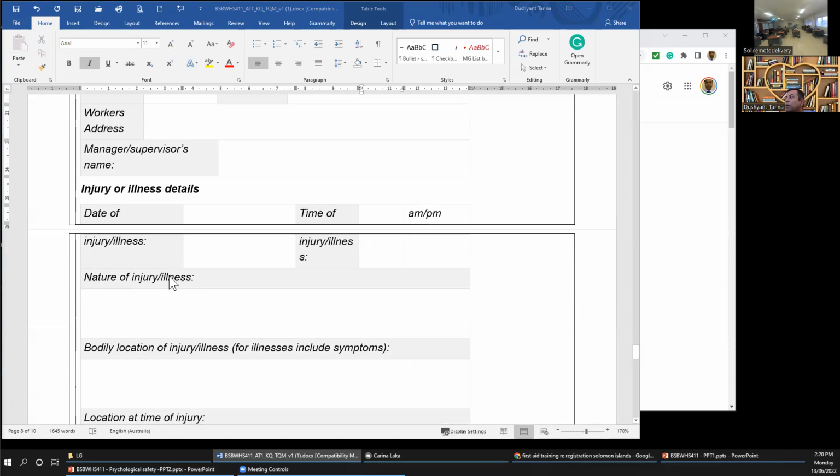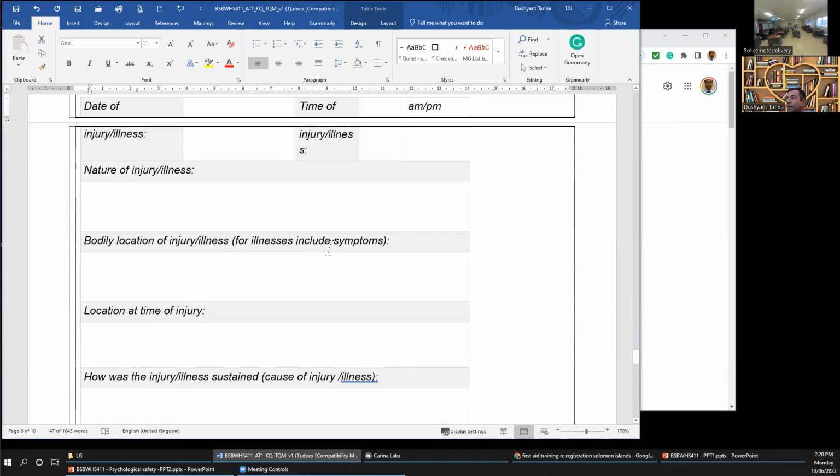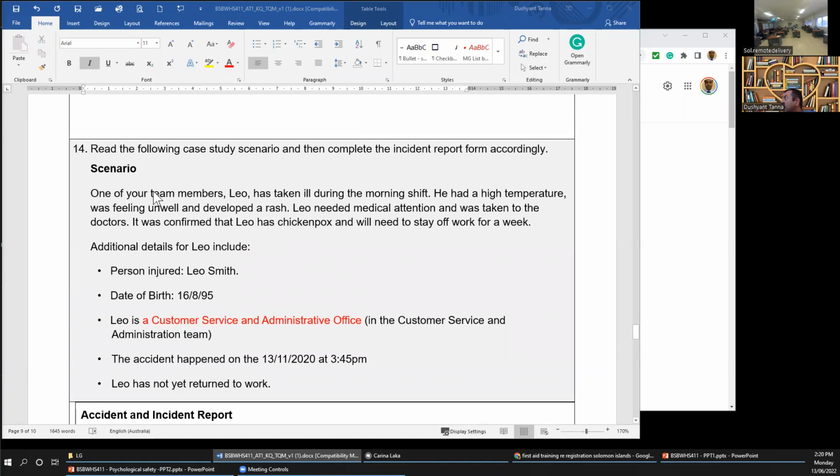And then you talk about nature of injury. Just write it in your own words. Don't add anything, but don't just copy and paste as well. Yeah, this is the paragraph you are looking for. Then bodily location of the injury. Where did it happen? Right. High temperature, temperature is mostly measured in the head. I would say head.